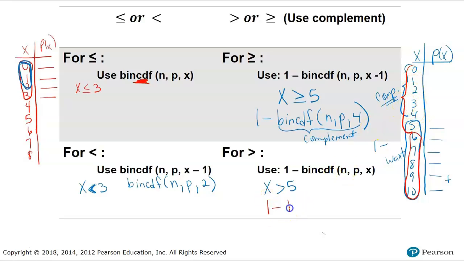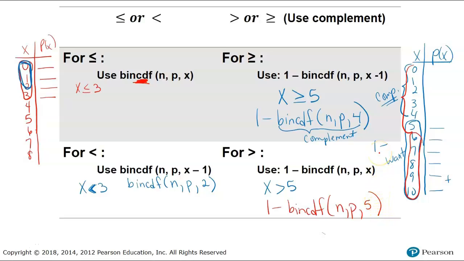So when I do this, it's going to be the binomial CDF of whatever my N and P are for the problem, and then my X is going to be all the way up to 5. And you can remember again, if the 5 is included here, which it's not, then it's got to be, if it's not included here, it's got to be included here. Okay. So it can't be included in both places.